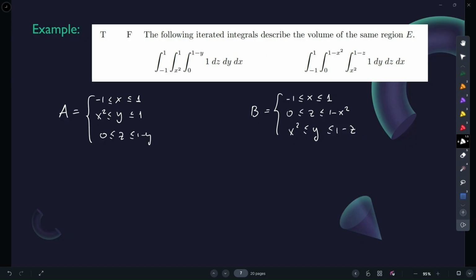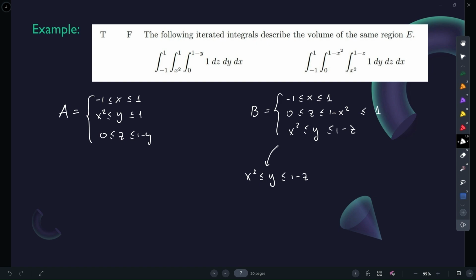So notice that the last description is telling me that y is going between x squared and 1 minus z, but z is between 0 and 1 minus x squared. The largest z can be is when x is 0.